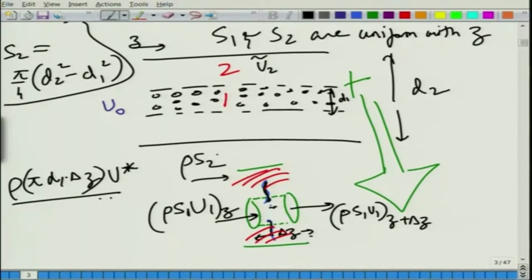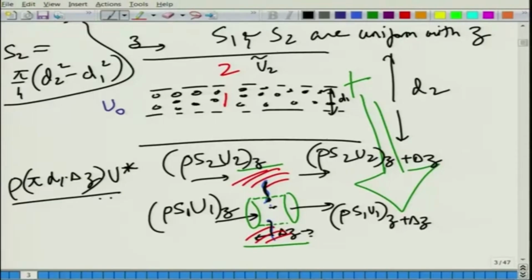So, rho S2, let us say U2Z. Now, I will just write down a few things, assuming that you are now very well acquainted with the derivation, the way it goes. The one that enters here, the one that goes out here, and then there is a term that comes inside, isn't it? And then we need to balance it with the temporal changes that are happening inside.